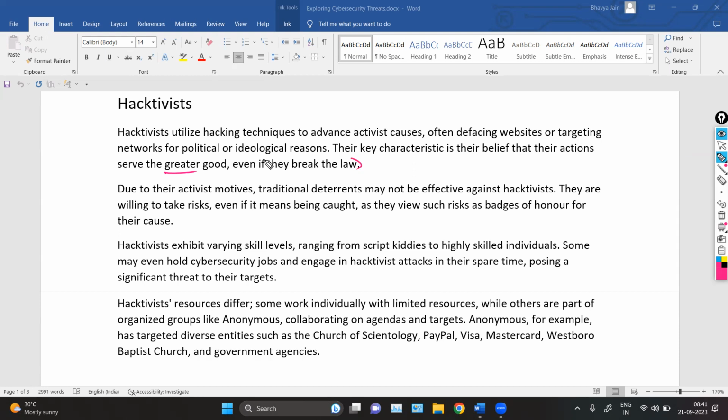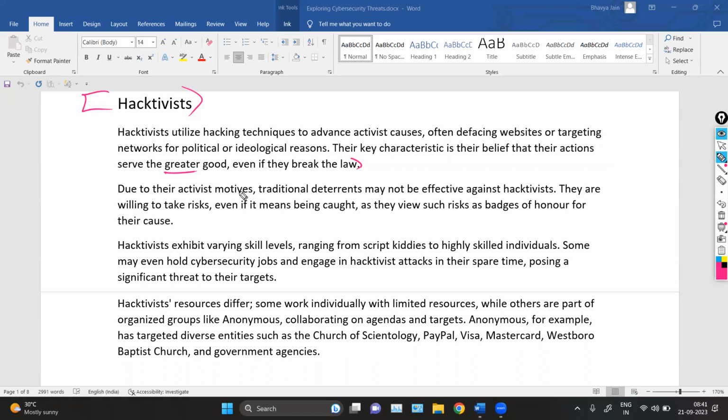No matter how many systems or companies they harm, they think that whatever they do is for the good. For example, they are like people who are blind in their religion or blind to their political parties.